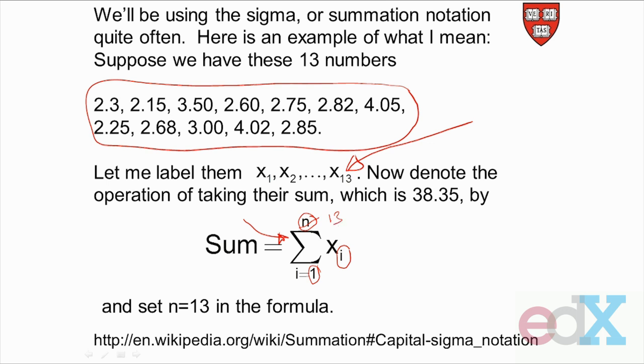And so I assume that you understand this. If you don't, pause here and find some source where you can read up about this. For example, if you go to Wikipedia and look up the capital sigma notation, you will get a nice review of what this is. So, okay.